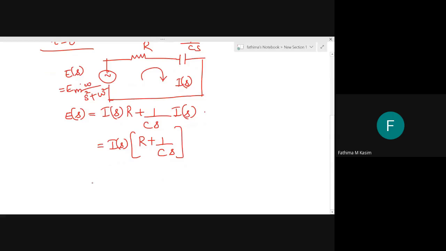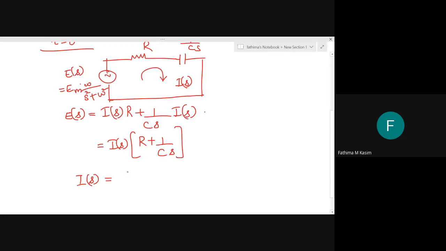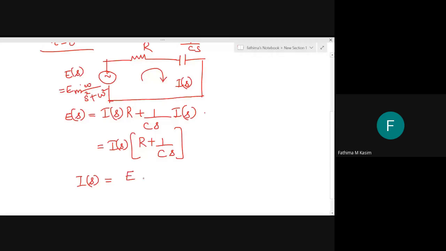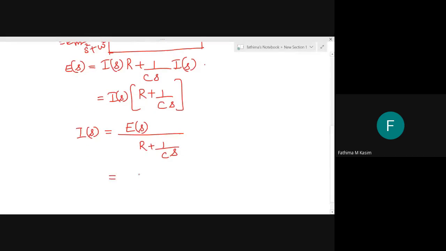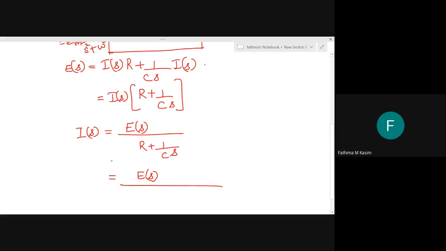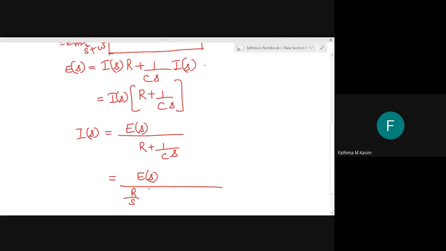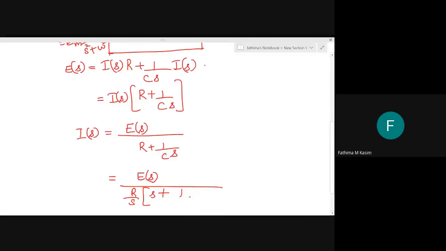So we are going to find I of t. I of s is equal to E of s divided by R plus 1 by Cs. What I'm going to do next is take R by s outside. So I of s is equal to E of s divided by R by s into s plus 1 by RC.